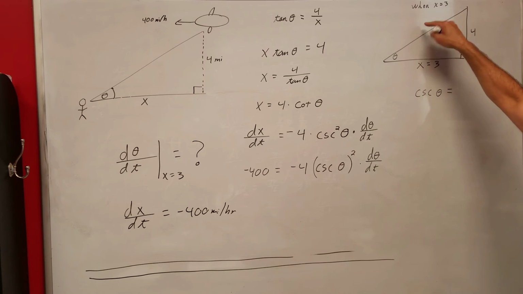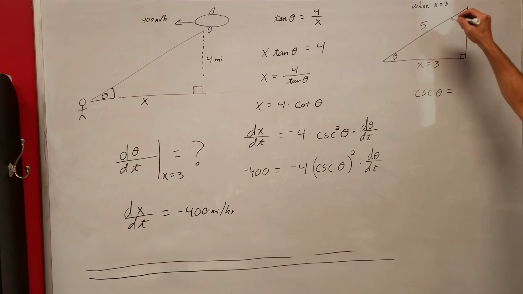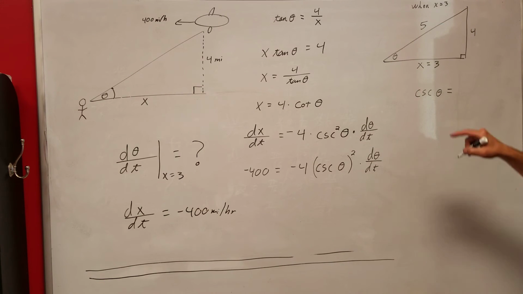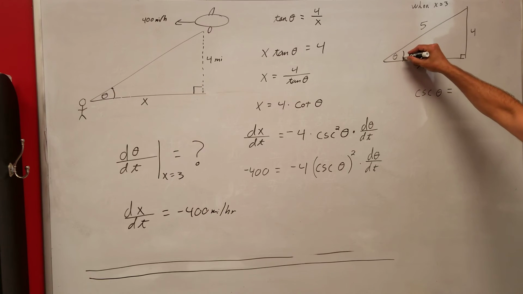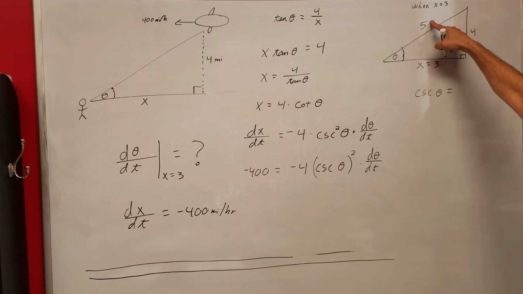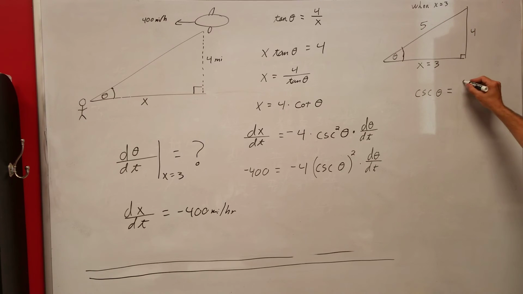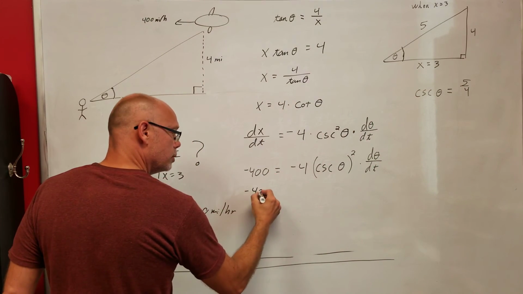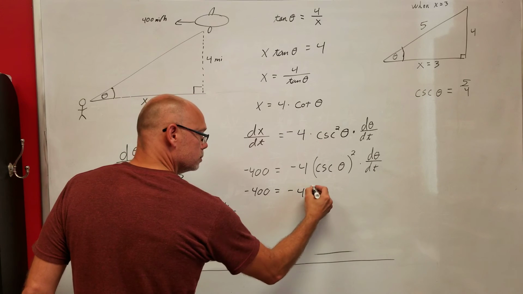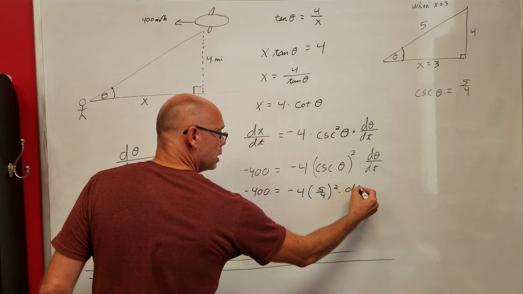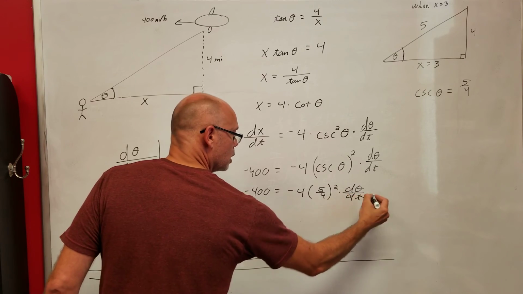So find your hypotenuse. If you use the Pythagorean theorem, you get 5. Remember the 3, 4, 5 triangle? So what's the cosecant of theta right here? Cosecant's a reciprocal to sine. Sine is 4 over 5, so cosecant would be 5 over 4. So what am I going to put in for the cosecant here? I'm going to put in 5 over 4, still need to square it, times d theta over dt.